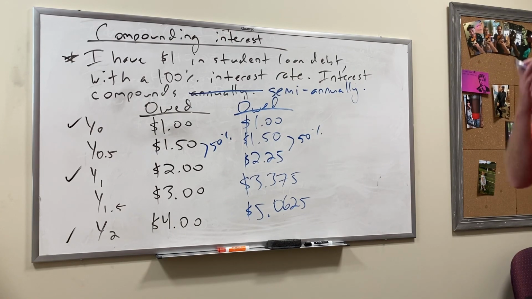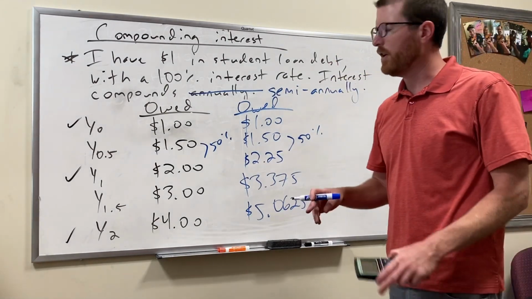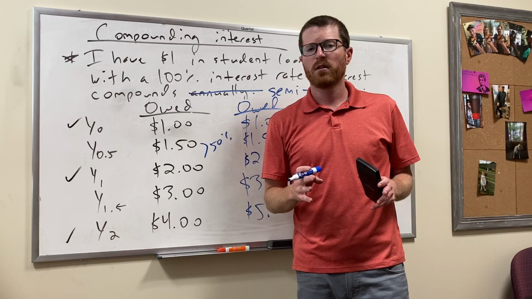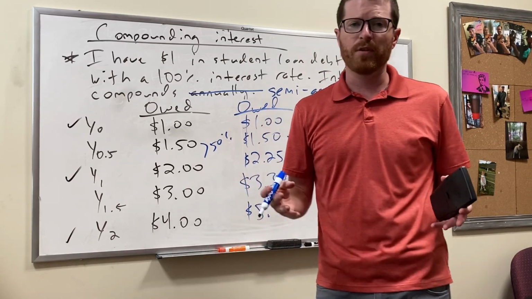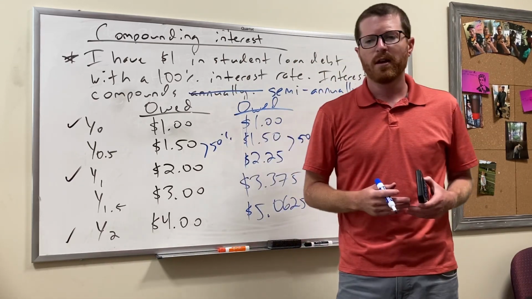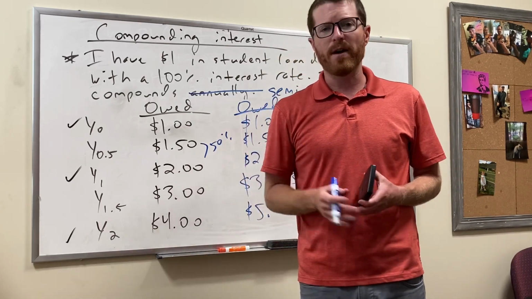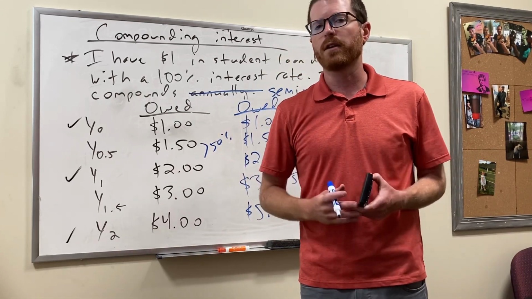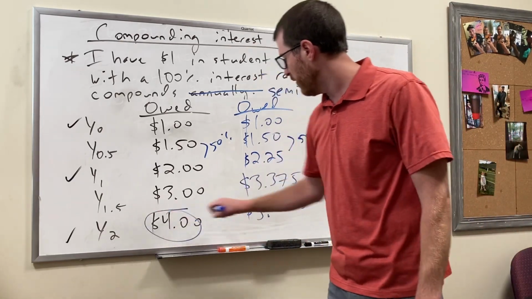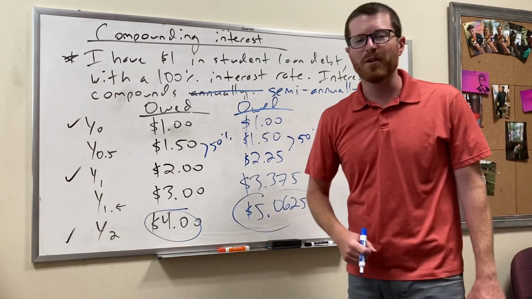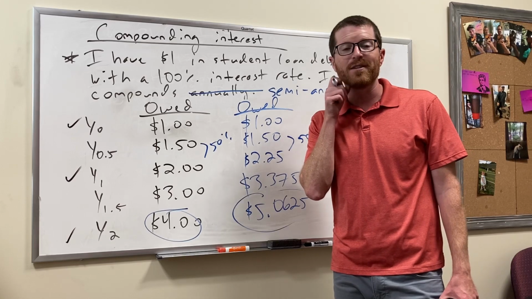And so what you can see here is, in both of these cases, the quoted interest rate is going to be the same. So if you go to a bank or something, they might tell you, 7% interest, and you might need to read the fine print to figure out how often it's compounding. And you can see that the result that we get can be pretty different depending on what compounding rate they use.